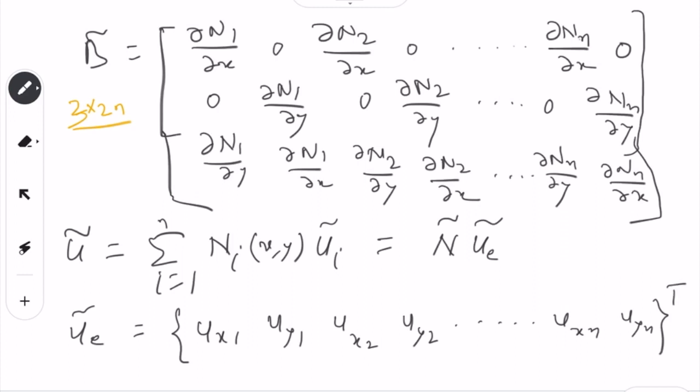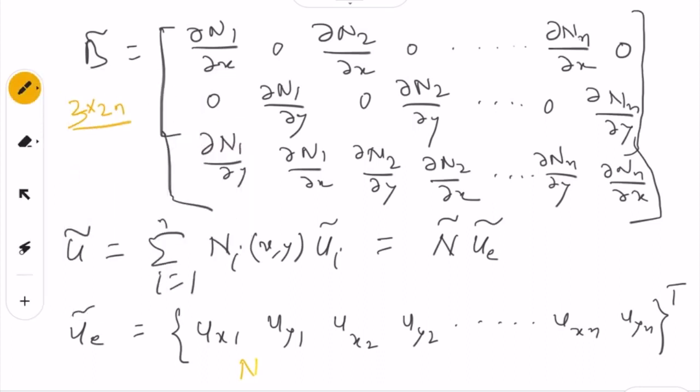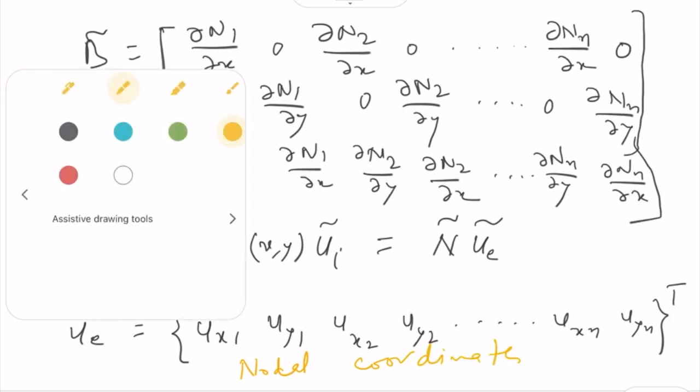So these are the nodal coordinates. Okay. So what is the meaning of that?